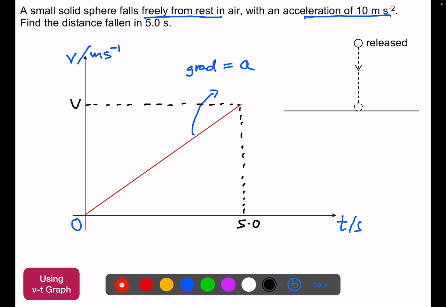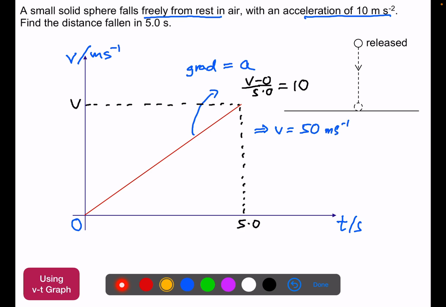Using calculation of gradient, this acceleration is equal to v minus 0 divided by the time of 5 seconds, and the acceleration is 10 meters per second squared. So that gives us the final velocity of 50 meters per second.